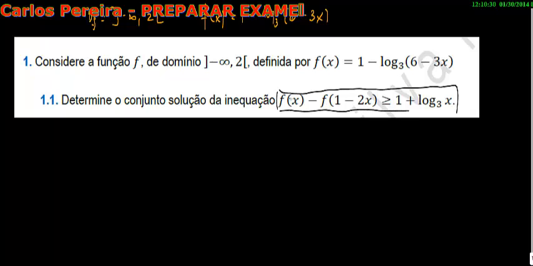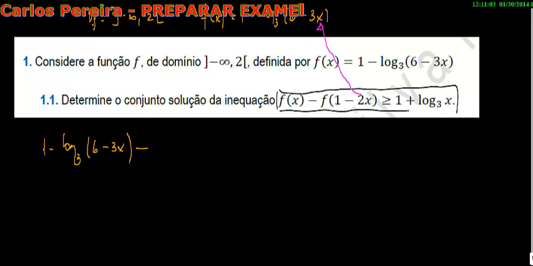So first of all, I'm going to substitute f of x by this value over here. So let's continue. It will be 1 minus logarithm at base 3 of (6 minus 3 times x) minus, and now you must be careful because you are going to substitute this value at the function f.